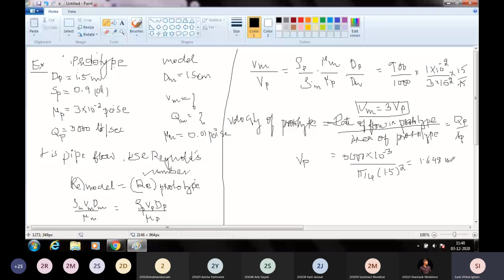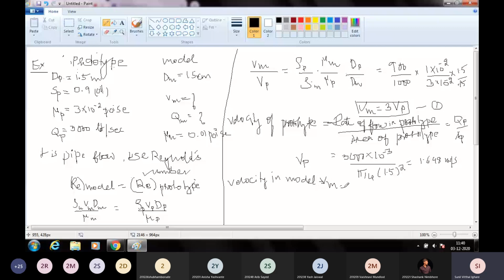If you put the value in the above equation, let's suppose we call it the first equation. If you put this value in the first equation, you will get velocity in model, Vm is equal to 3 times Vp.